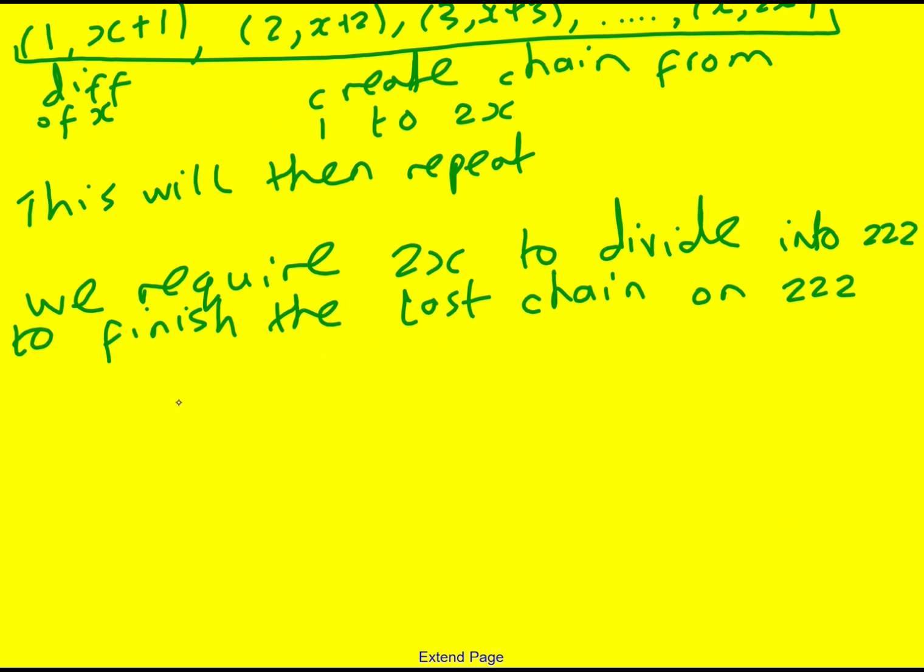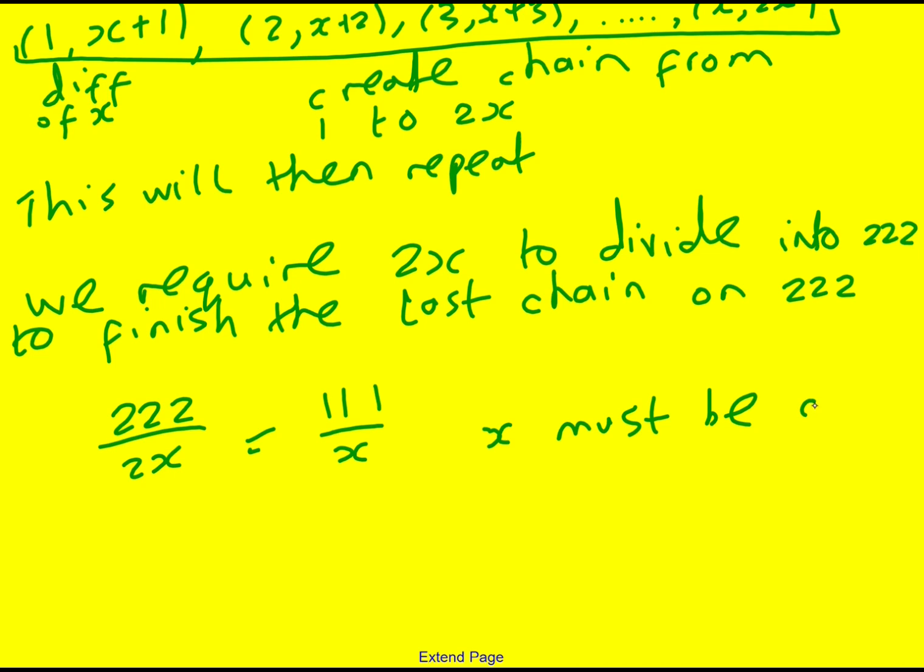So I can do 222 divided by 2x, which becomes 111 over x. And I require x to be a factor of 111.